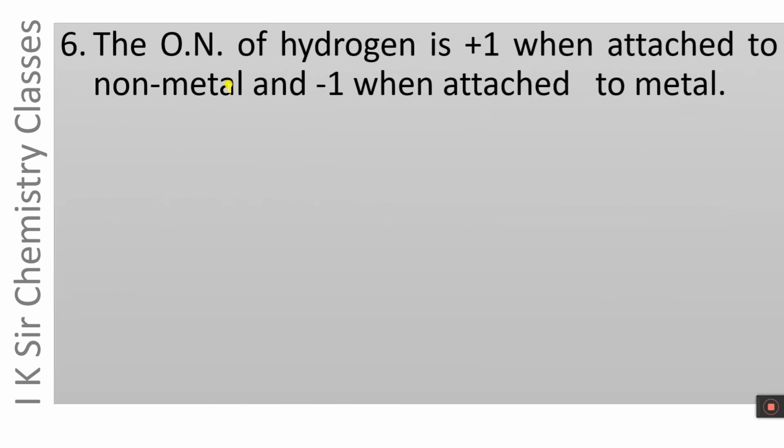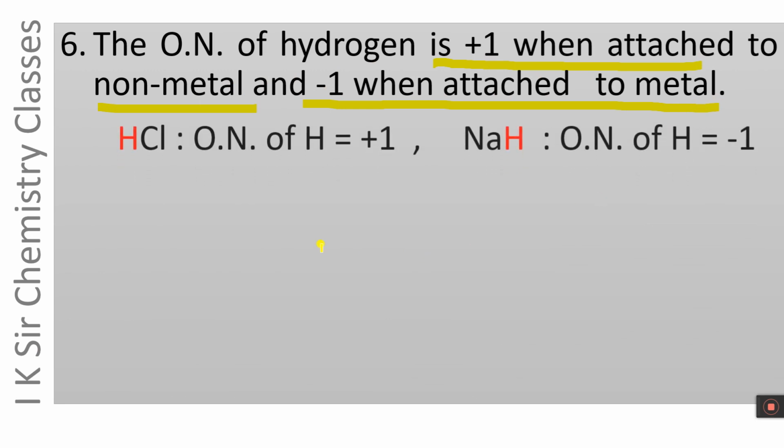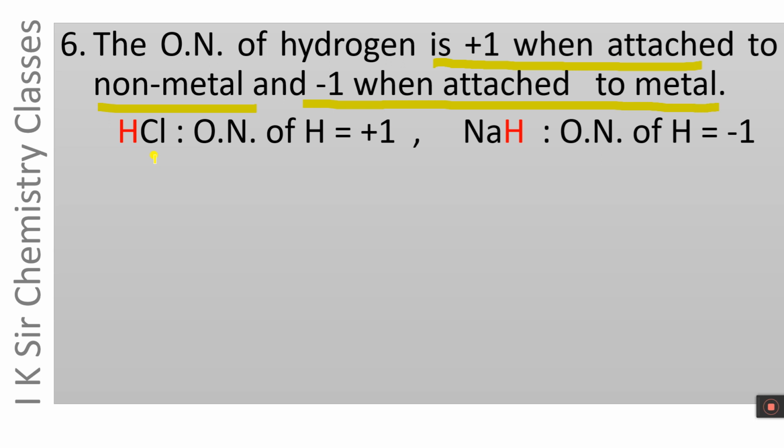The oxidation number of hydrogen is +1 when attached to nonmetal and -1 when attached to metal. Let us see some examples. In HCl molecule, hydrogen is attached to nonmetal chlorine and hence the oxidation number of hydrogen is +1.